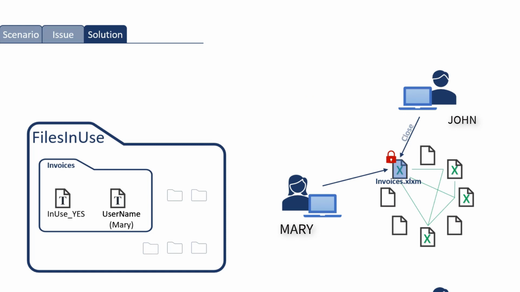The macro will also automatically close the file, and before closing, that is another event. Before closing the file, another macro will go and check the same folder to see if the file inuse_yes is there, and if a file with the user's username, in this case John, exists in that folder.